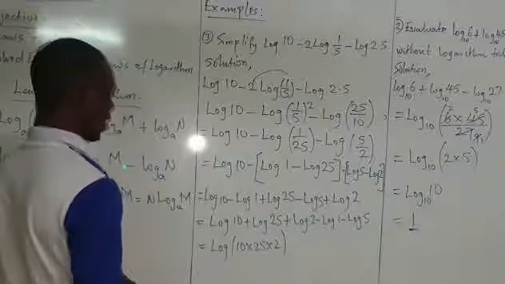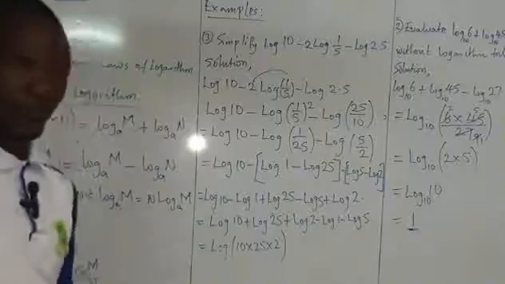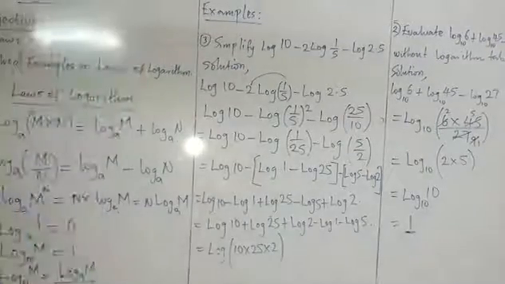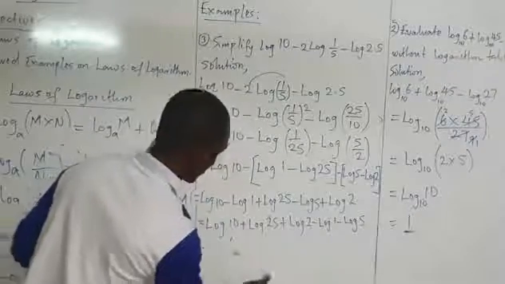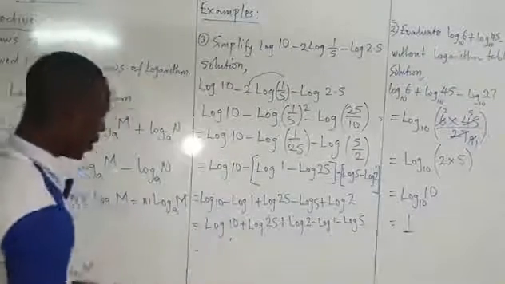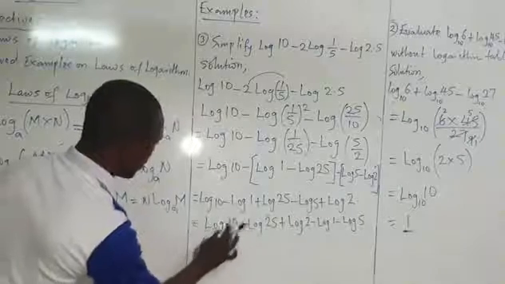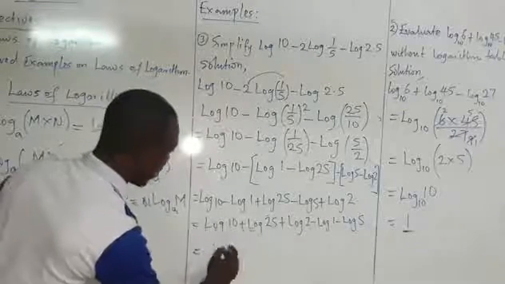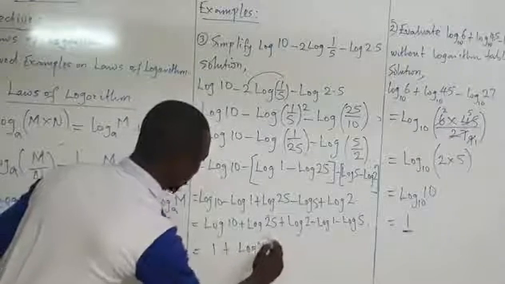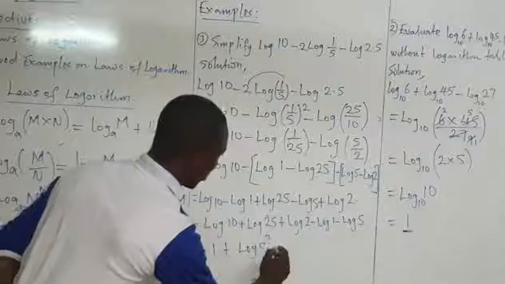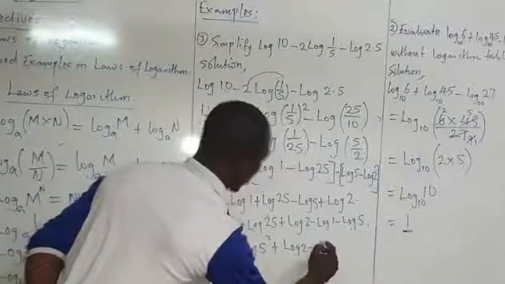Or you can say from here, log 10 is 1, then plus log 25, that is log 5 raised to the power 2, then plus log 2 minus log 1.